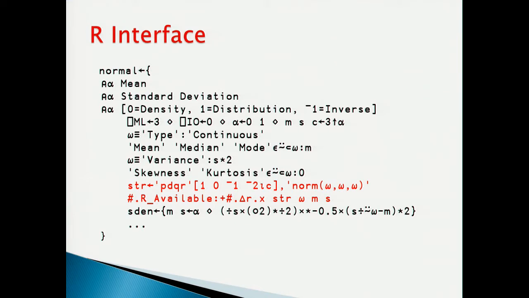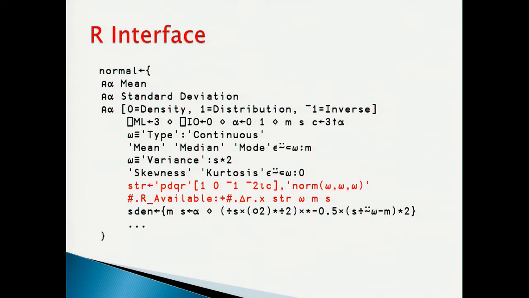There's a lot of code going on here, but right over here, the code that's in red creates a string that builds a call to the R function pnorm, and based on the left argument, it will calculate various normal functions, things related to the normal distribution. I have this global variable called pound.r available.